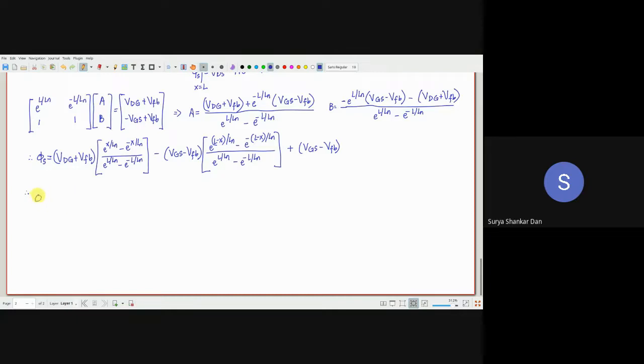Therefore, what is the value of phi s here? VDG plus VFB, this upper term becomes sine hyperbolic x by ln over sine hyperbolic L by ln, minus VGS minus VFB, sine hyperbolic L minus x by ln over sine hyperbolic L by ln, plus VGS.